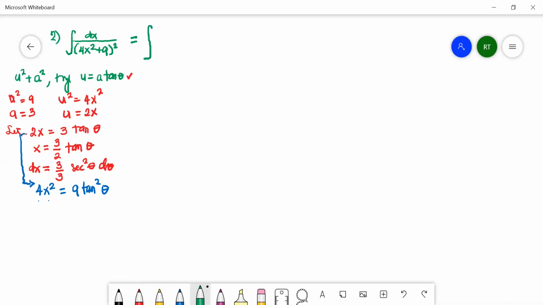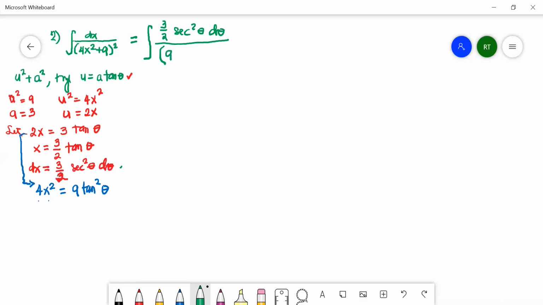We have the integral of the differential of x, which is 3 over 2. Sorry, this must be 3 over 2 secant square of theta d theta, over the quantity 4x squared, which is 9 tangent square of theta.